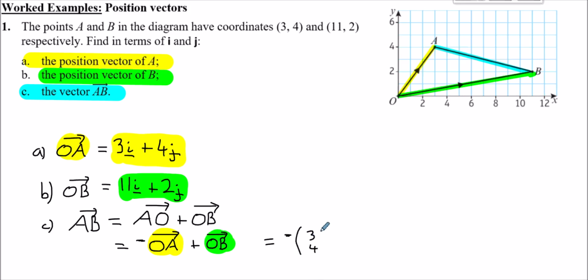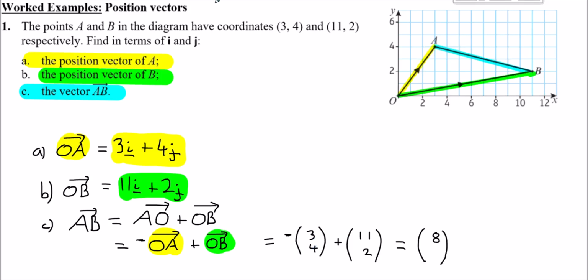I'm substituting this in vector form for some reason. Never mind, I'll transfer it back. And plus OB, where OB is 11 to the right and 2 along. Minus 3 plus 11 is 8, and minus 4 plus 2 will give us minus 2.